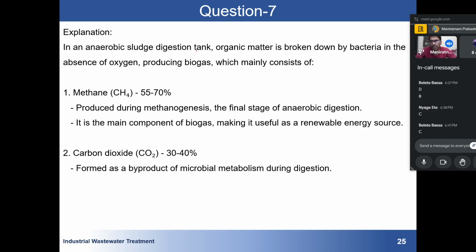In anaerobic digestion, we already know that methane and carbon dioxide are produced, methane around 55 to 70% and carbon dioxide around 30 to 40%. This was your first question also, if you recall it.